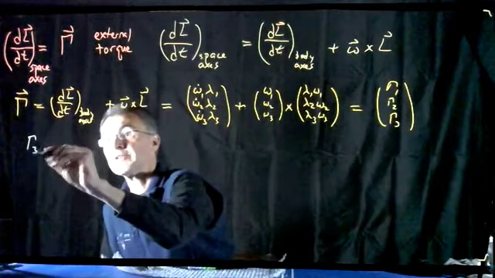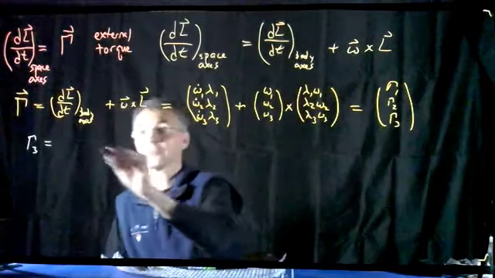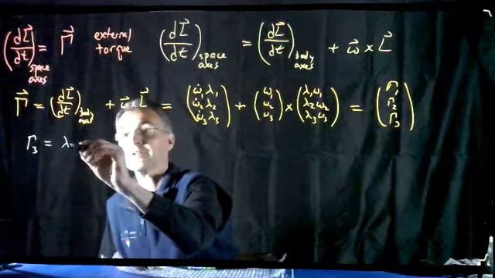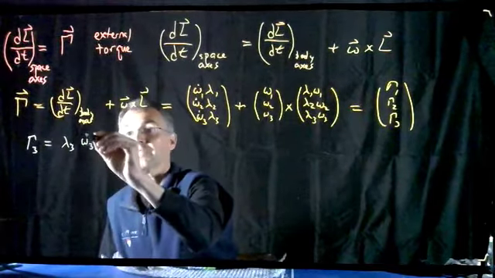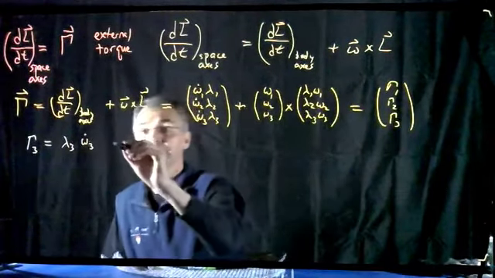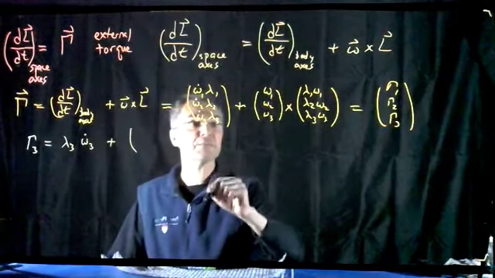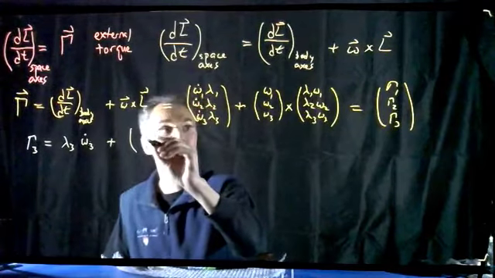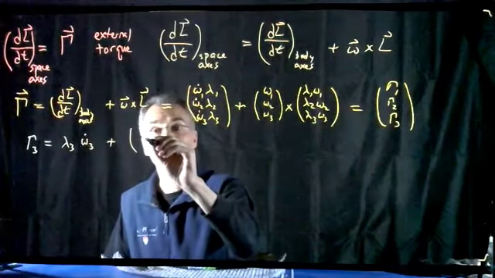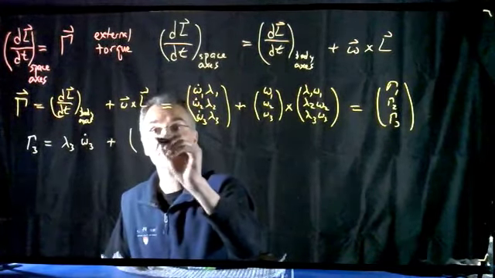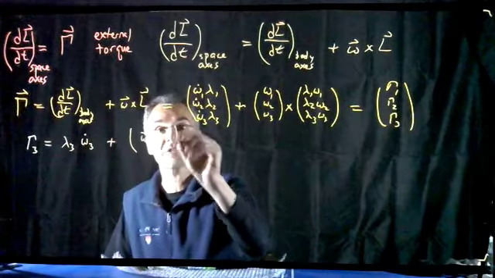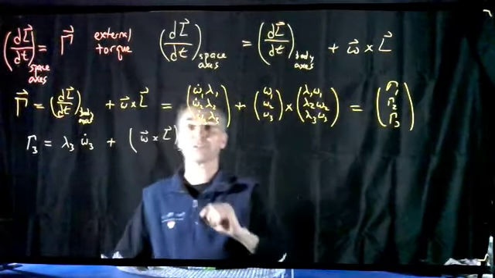So let's say gamma 3 equals lambda 3 omega 3 dot plus, now we want the 3 component of this omega cross L vector. We want the 3 component.